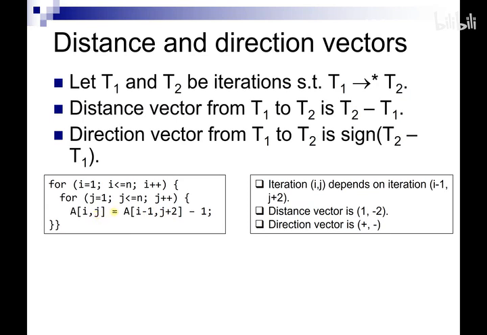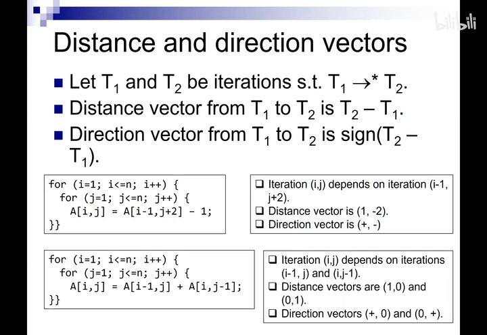The distance vector is just iteration (i, j) minus iteration (i-1, j+2). If you do that, you get a distance vector of 1 here and negative 2 over here. And then the direction vector is just the sign of this. This is positive and this is negative, so that is the direction vector.